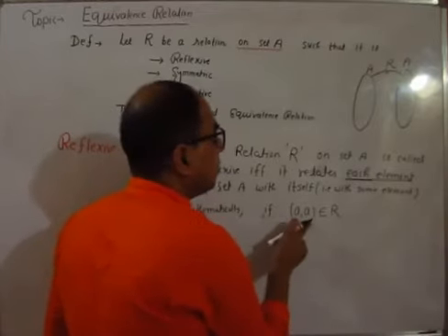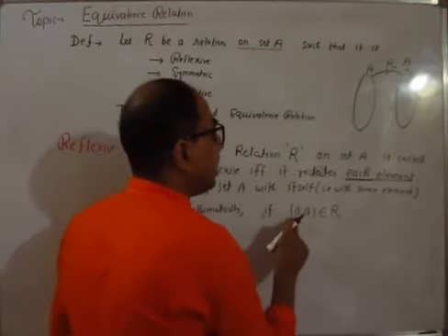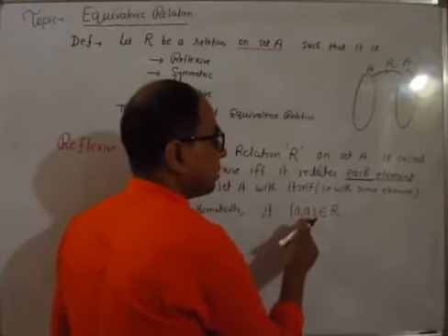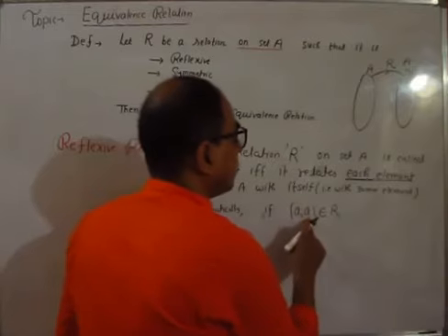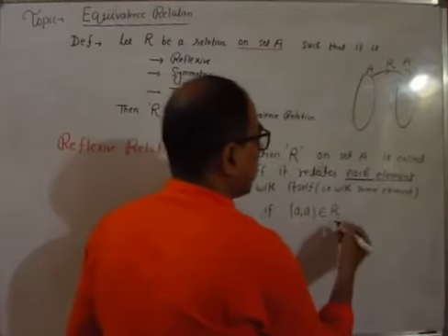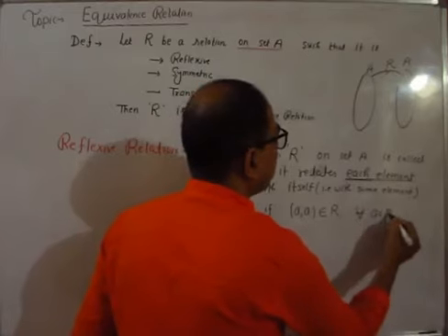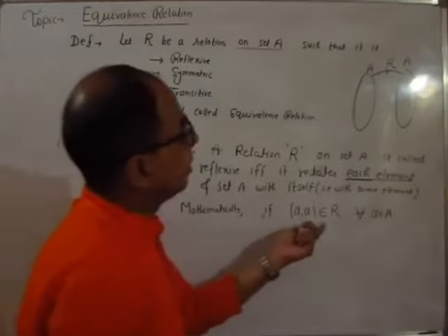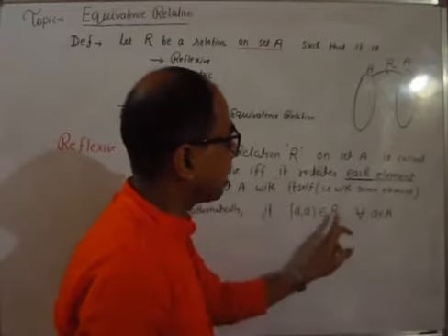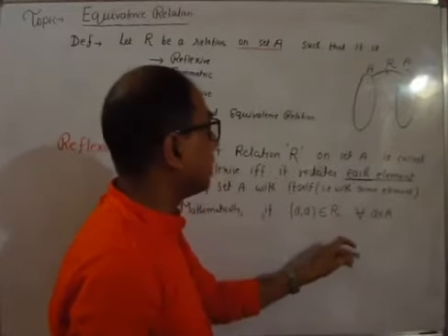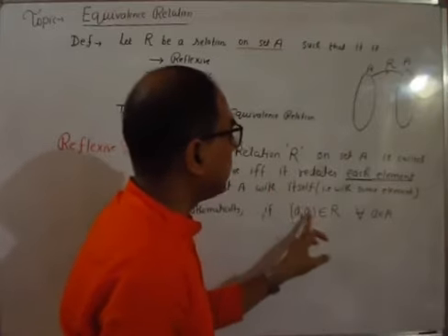What is its literal meaning? a is related to a. That means each element is related to the same element: (a, a) belongs to R for all a belonging to set A. So this is the mathematical definition of reflexive relation.